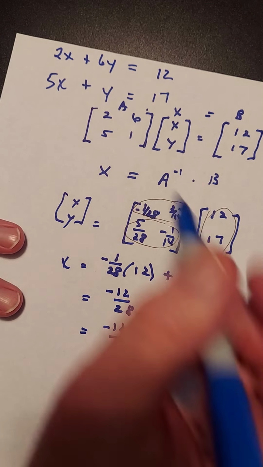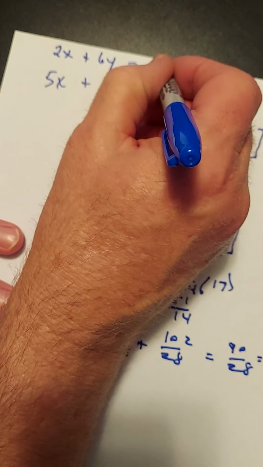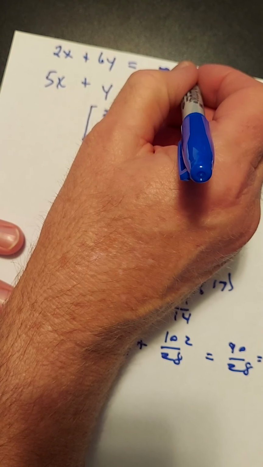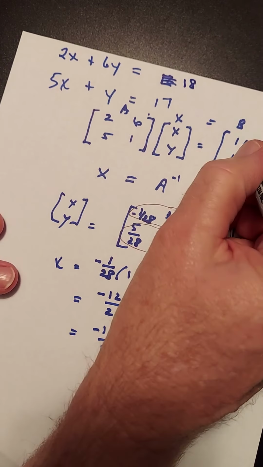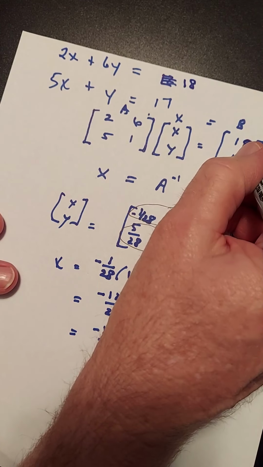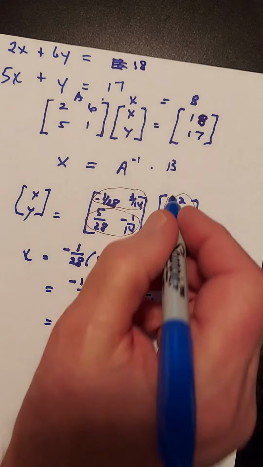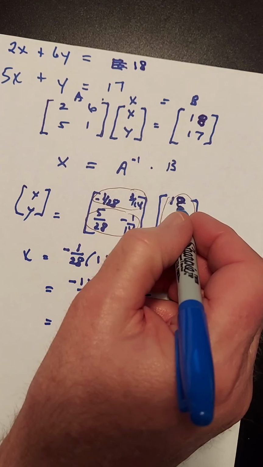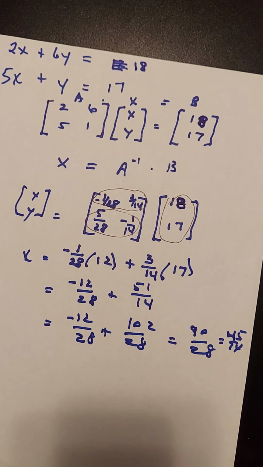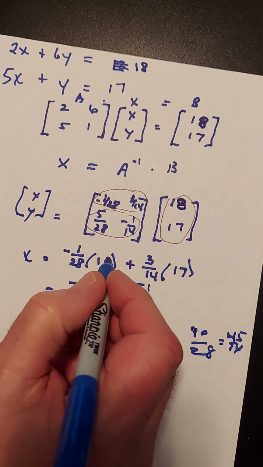To save us from going all the way back through, to get my answer to work out right, that should have been 18, which means this should have been 18, which means this would have been 18, and then this would have been 18.